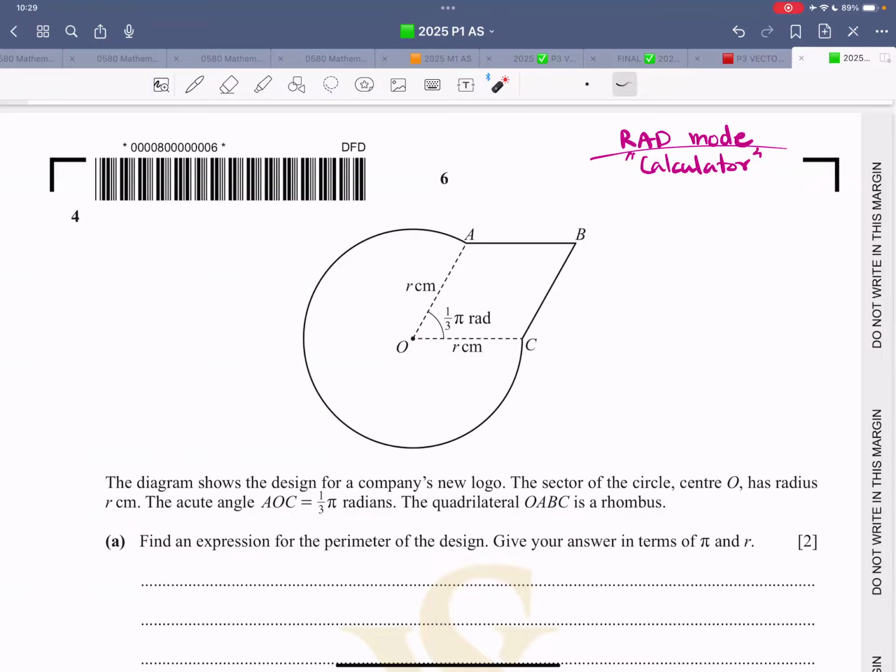Expression for the perimeter. First of all, the perimeter includes the solid line, which is very easy. Since it's a rhombus, that's r and r. So let me write over here: this is r, this is r. What else is there?